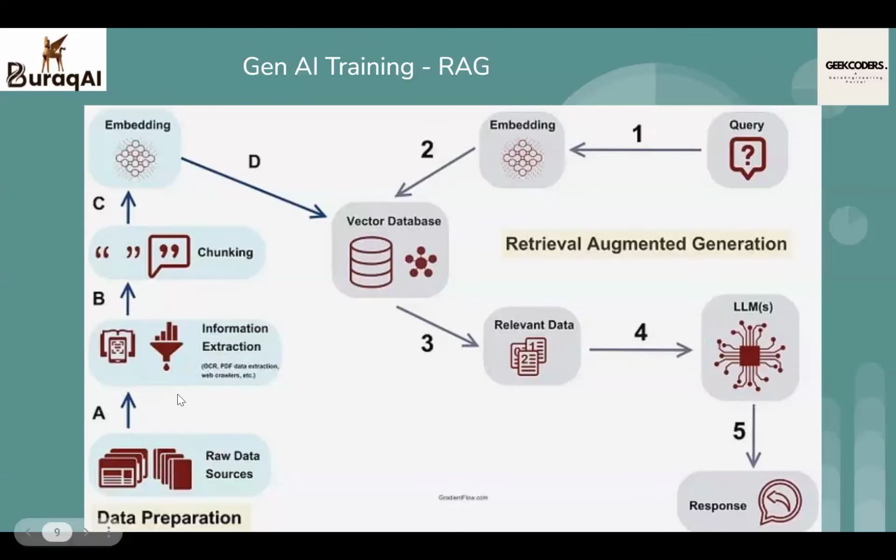Now at each step, we will go and see what is involved. Double click, dig deeper, and see what is chunking, what are the practices you should follow here, what is embedding, what are the dimensions, what are the different options, what are the different models that you can use to generate embeddings. Here we'll see what the vector databases are.